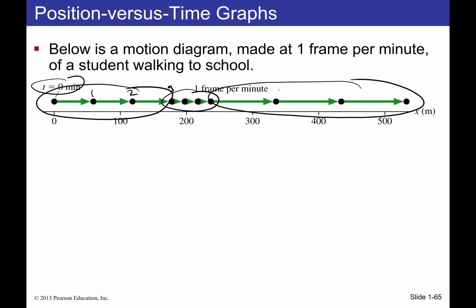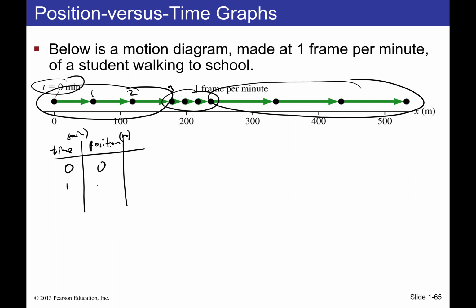Now, what we're going to do here is use the time and position as data. This is time, in minutes, and this is position, in meters. When time is 0, position is 0.